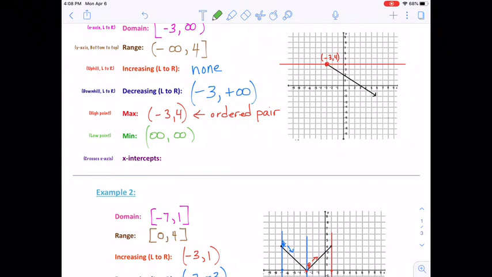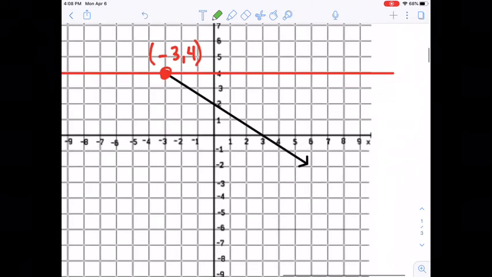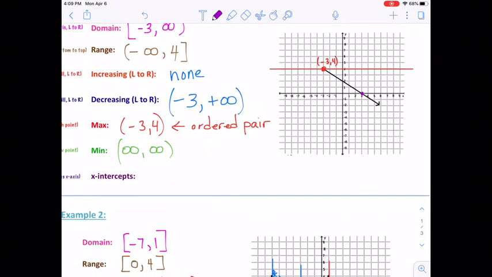X-intercepts. Now x-intercepts is where it crosses the x-axis. And we see that it crosses the x-axis right here at 3, 0. X equals 3, y equals 0, which is the point 3, 0.